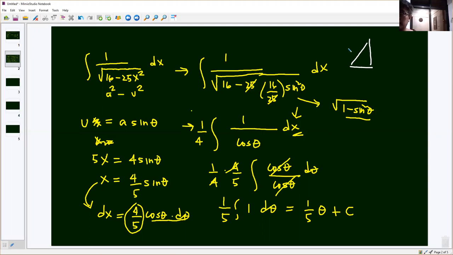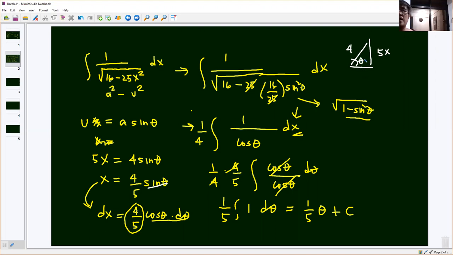Tapos si 5x, di ba ito sine, no? Sine theta is opposite. So, ito dapat si 5x. At ito si theta.